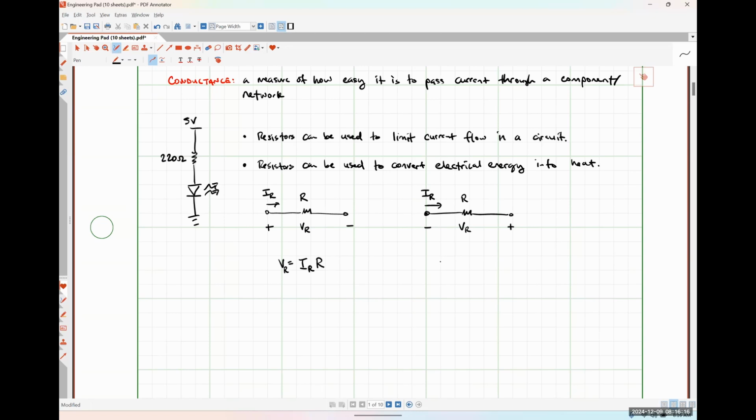So in this particular case, the voltage drop across the resistor will be negative I_R times R. So effectively, when the current is flowing into the positive polarity terminal of a resistor, Ohm's law gets a positive sign. When the current is flowing into the negative polarity terminal of a resistor, Ohm's law gets the negative sign. That's particularly simple.